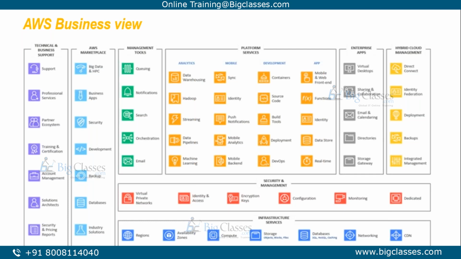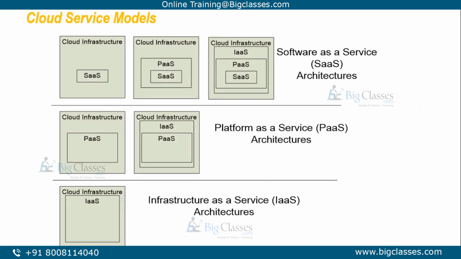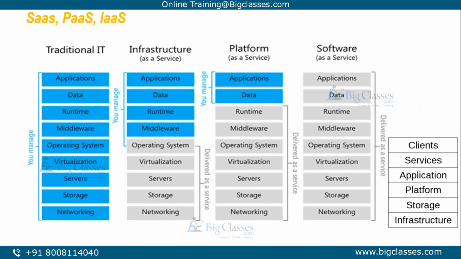Okay, so let me go back, we'll talk about infrastructure as a service. What is the traditional IT point of view? What is the traditional IT side offering? In a traditional IT offering, see how the applications are deployed. Infrastructure will be there, on top of it the storage, and you have one platform, an OS or any platform, and we have to build the applications.